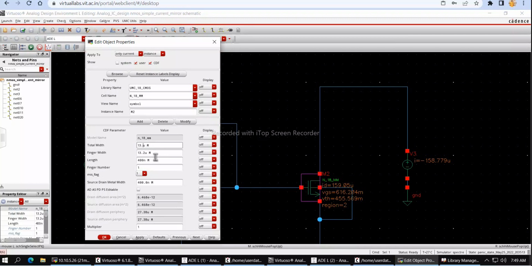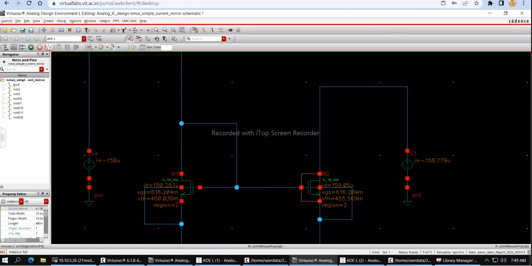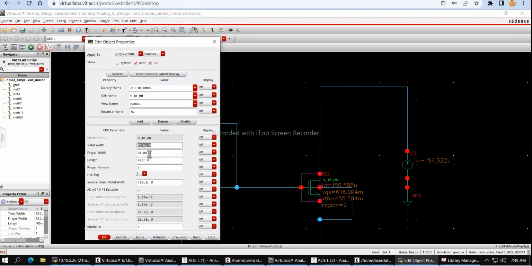We can make it 13 micrometer instead of 13.2, and we shall apply and check it. We can see the current is getting reduced. So I'll reduce further, I'll make it 12.6.